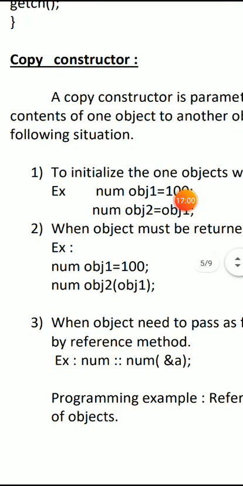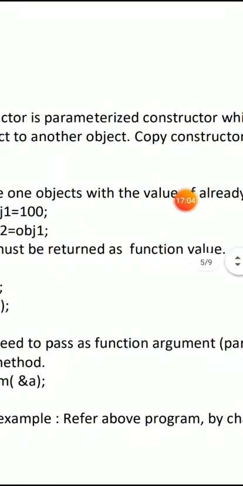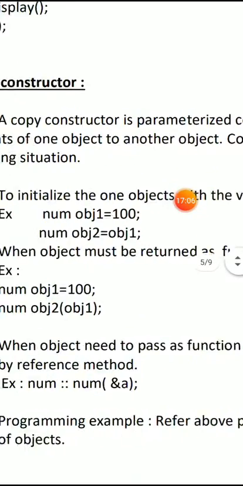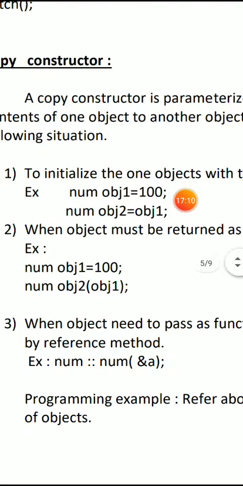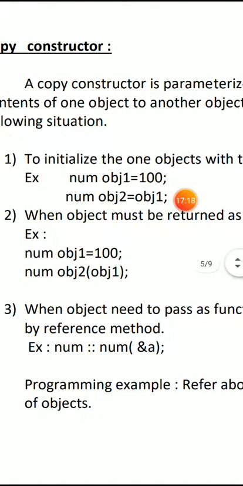The second situation is when an object must be returned as a function value, or an object can be written as an argument; then also you can make use of a copy constructor. Example, num obj1 equal to 100.